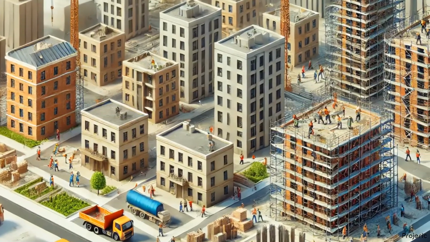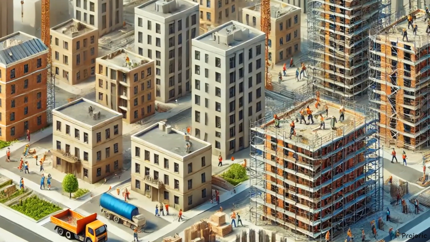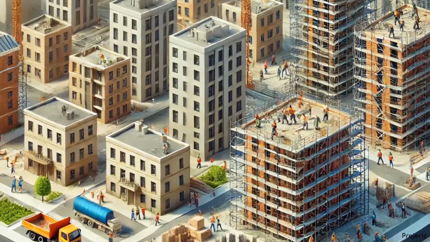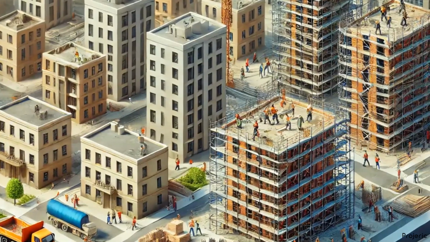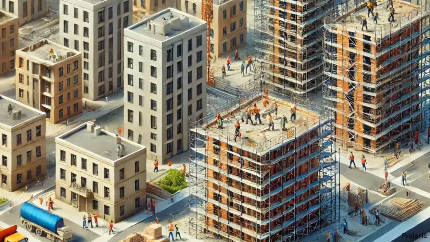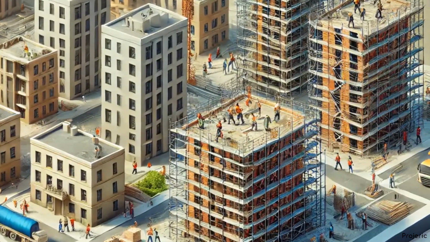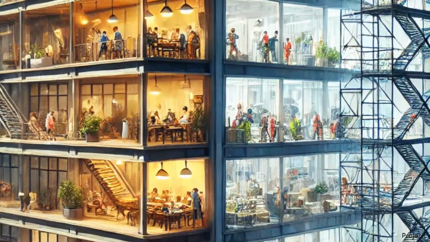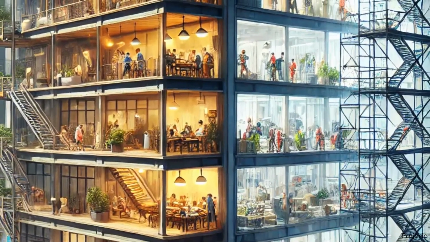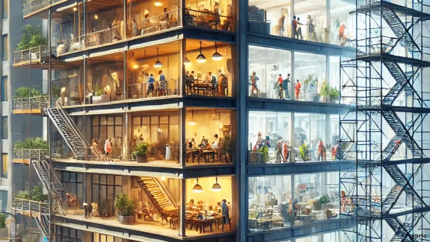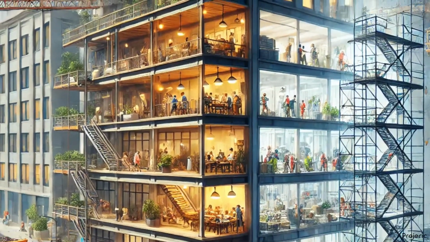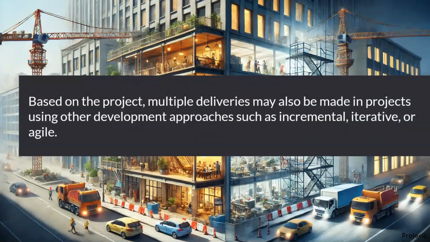However, if a construction project involves constructing multiple buildings, the project can progress incrementally by constructing the buildings one by one if resources or budget are limited. The predictive approach can be used for the construction of each building, while an incremental approach is used for the overall project. Based on the project, multiple deliveries may also be made in projects using other development approaches, such as incremental, iterative, or agile.